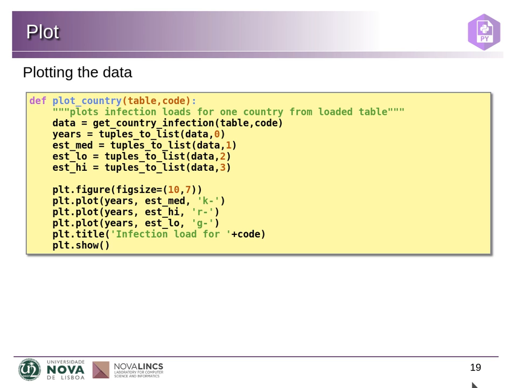But basically this is our plotting function. It receives the table with the data for all countries and the code of the country we want to plot. It extracts the data for that country using that get country infection function, and then it builds these lists of the years and the infection by going through that smaller table and looking at each column, and then creates a figure for plotting.